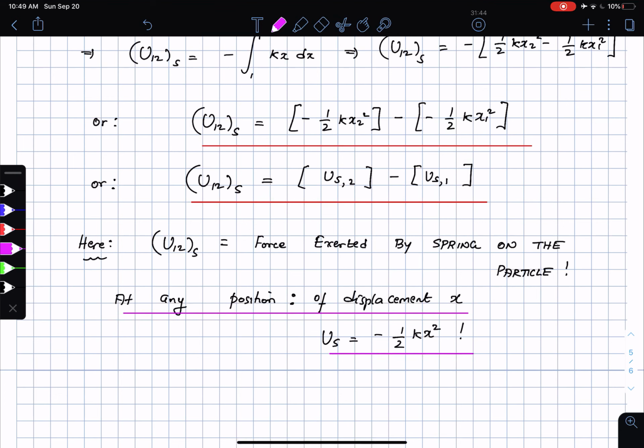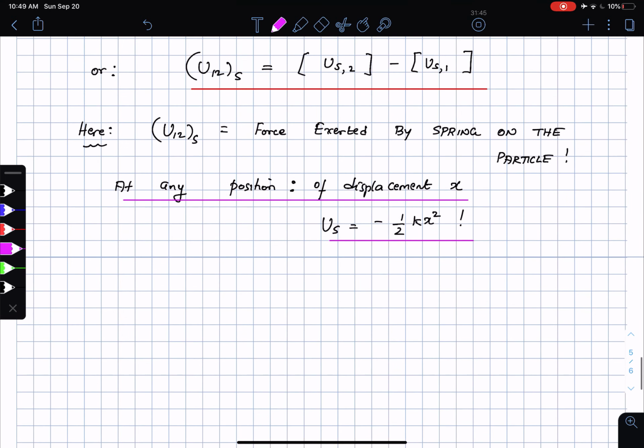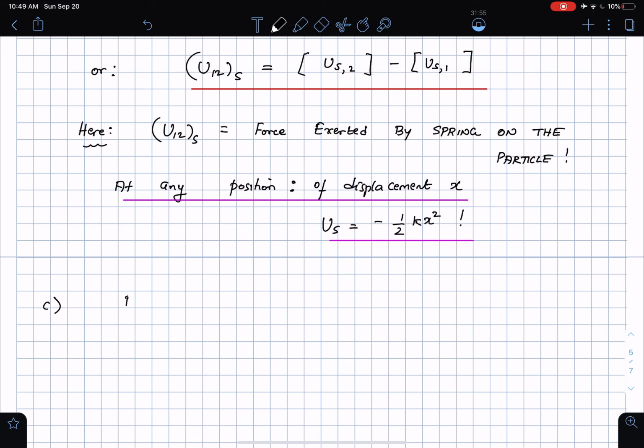Okay, now I'm going to define a couple of new terms. I'm going to define potential energy due to gravity, or PEG.